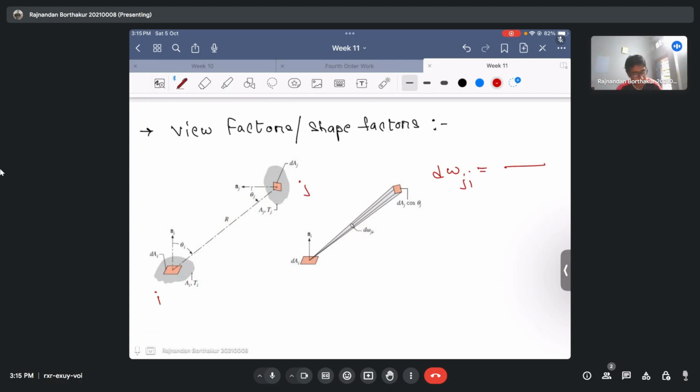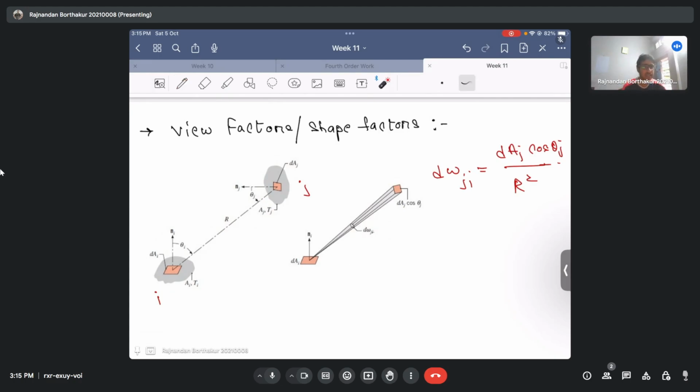From the definition of solid angle, this can be elegantly written as dAj times cos theta j divided by the distance of separation squared, r squared. I hope this is clear.